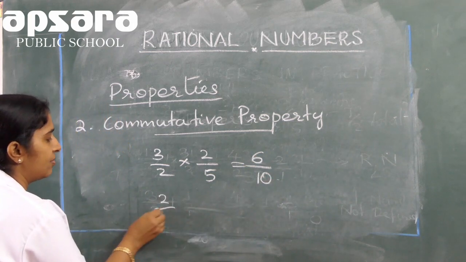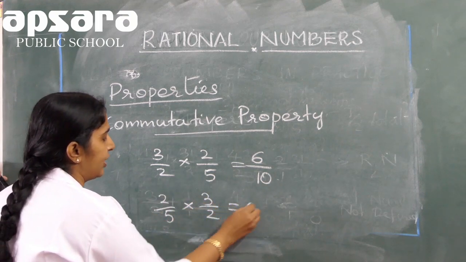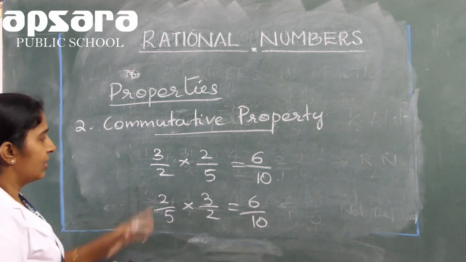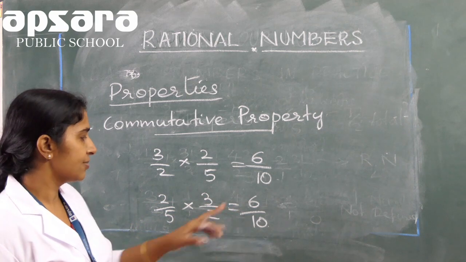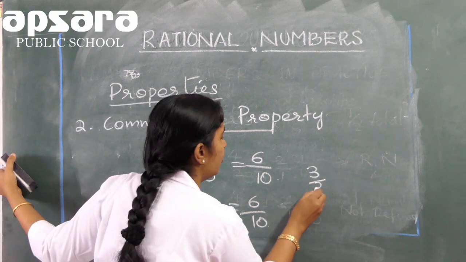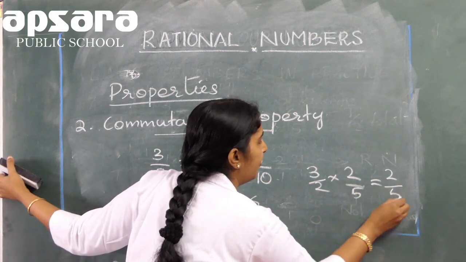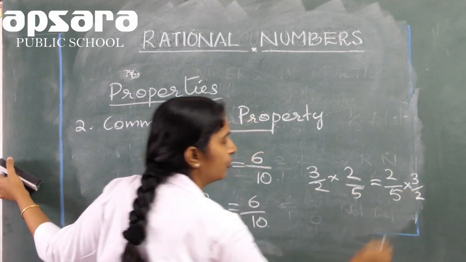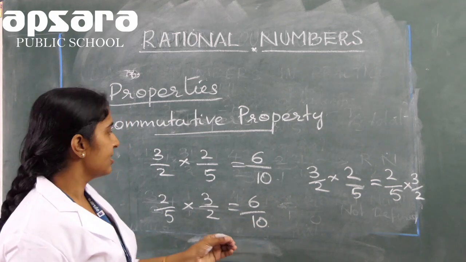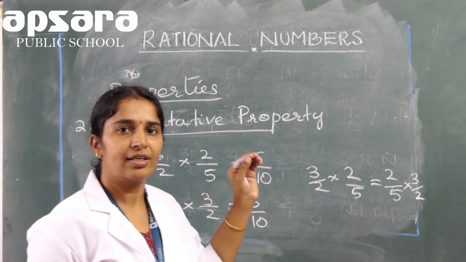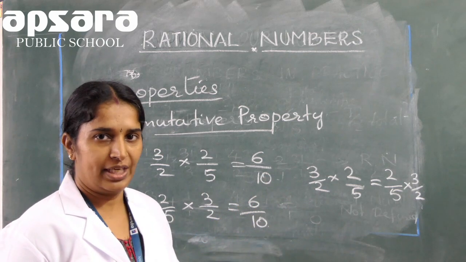And same rational numbers, you multiply like 2 by 5 into 3 by 2, you are getting the same answer, 6 by 10. That means 3 by 2 into 2 by 5 is equal to 2 by 5 into 3 by 2. Both the sides products will be equal. That is, multiplication of rational numbers is also commutative.